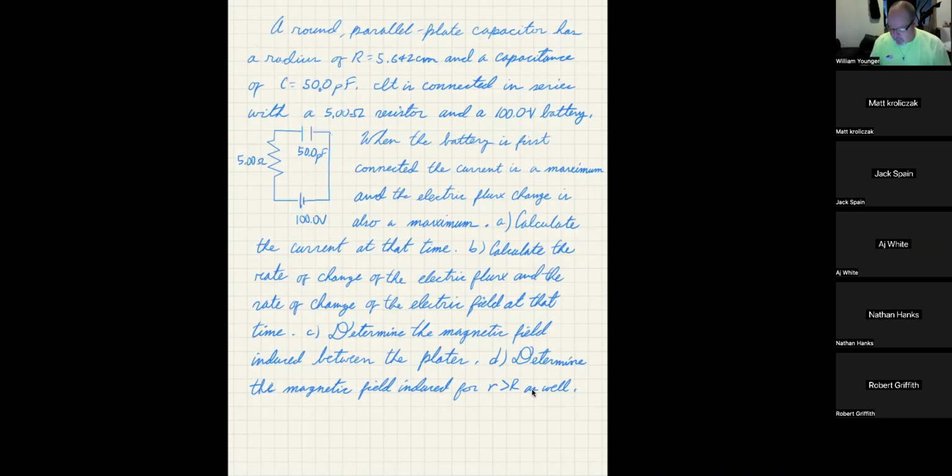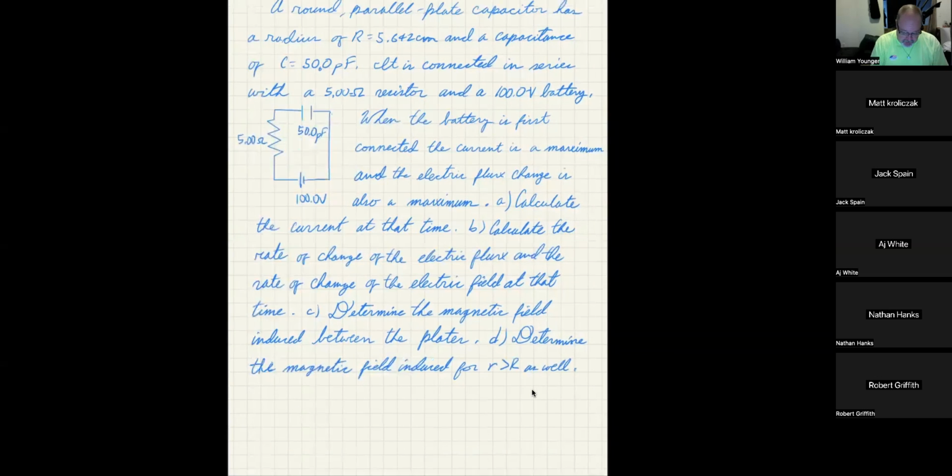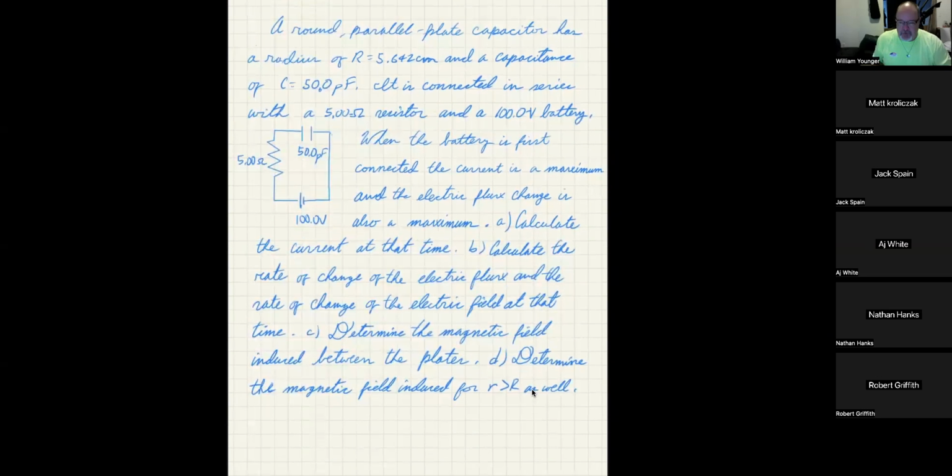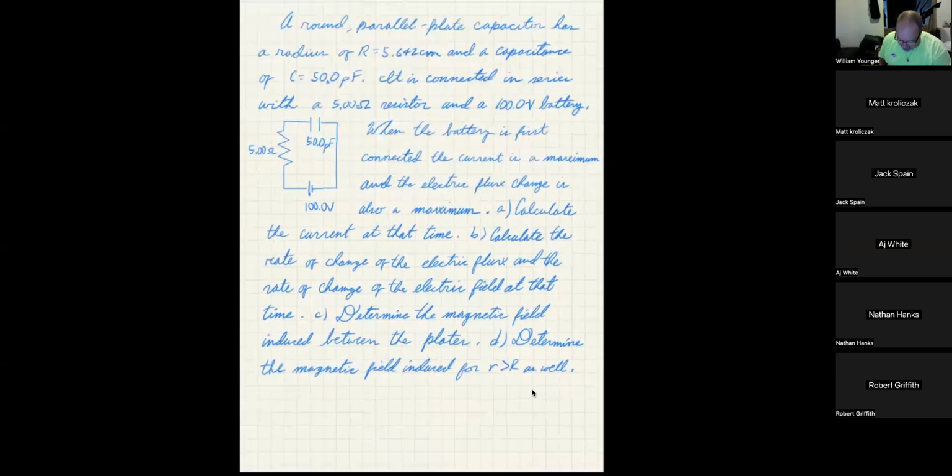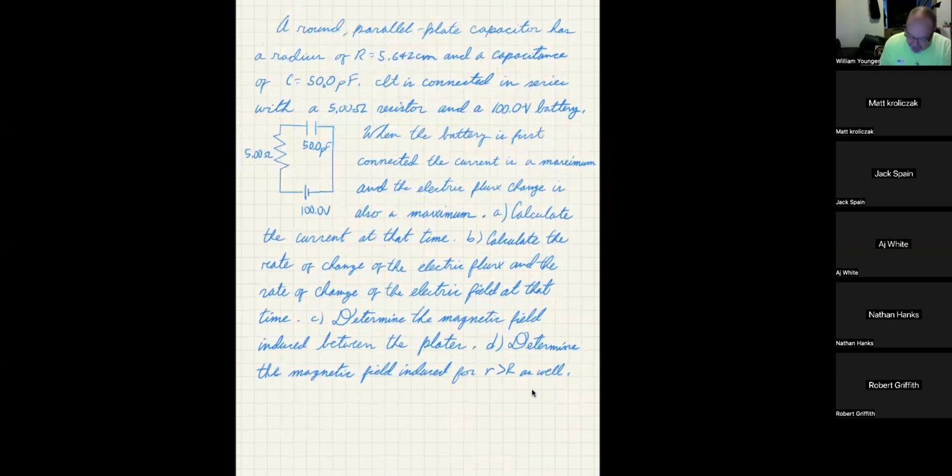Okay, so what we're going to make use of is a result that we did earlier. I think it was maybe chapter 28, I can't remember really, but we're going to make use of the charging of a capacitor. So our solution, I'm going to write up in red. Our solution is going to make use of the fact that Q of t is equal to C times V times 1 minus e to the negative t over RC.